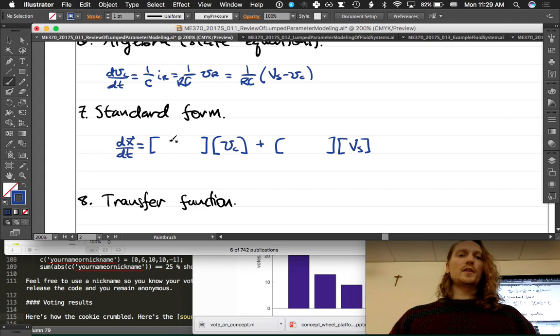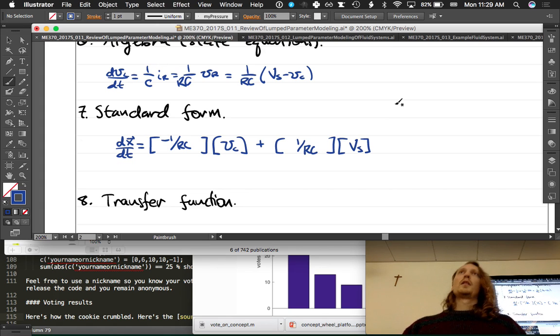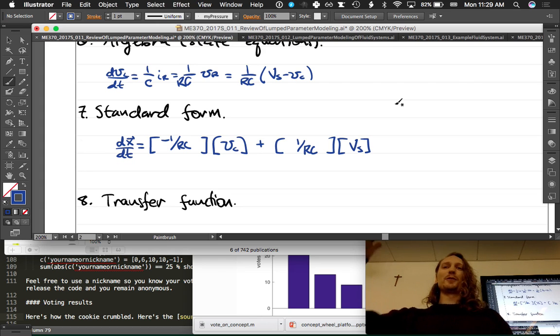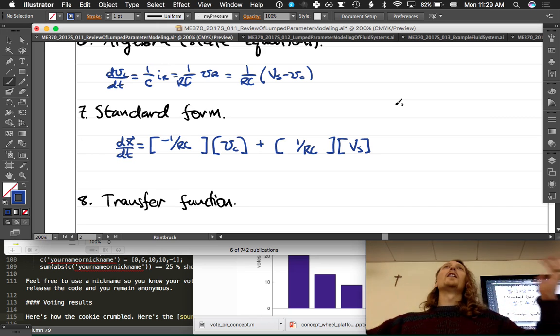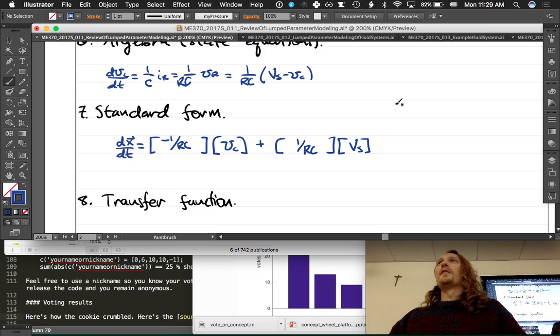Negative 1 over RC. Very good. And what is the coefficient of Vs? 1 over RC. Beautiful. I know this is a simple example, but it's one we could get through pretty quickly and we're familiar with. But it goes through all of the steps, right? We're doing all of the things that we need to do.